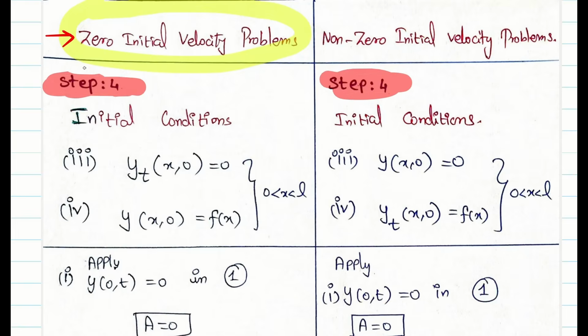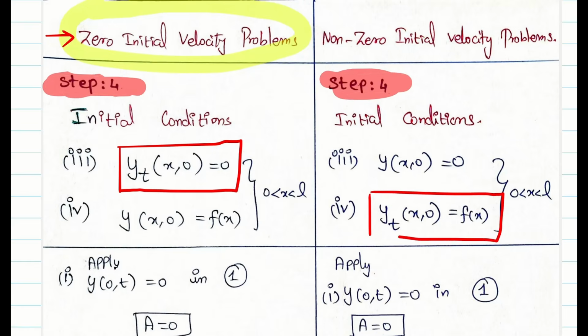So in this zero initial velocity problem, my 3rd condition is that initial velocity is 0. But when you go for a non-zero initial velocity problem, there is some initial velocity, so y t of x comma 0 is f of x. Here the initial velocity is 0, therefore there is a displacement at the initial time, so we write y of x comma 0 equal to f of x.